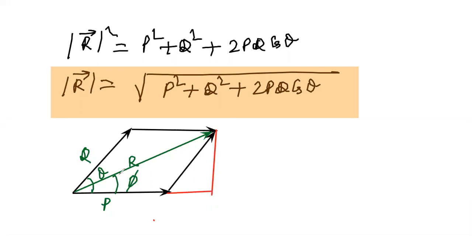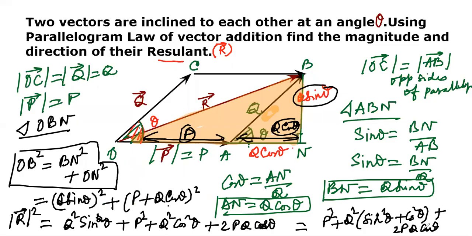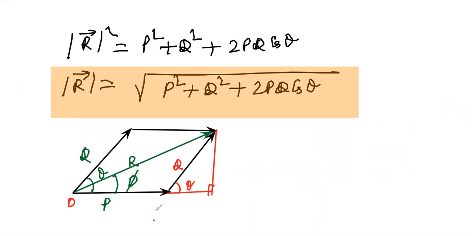So this is equal to theta. So this is also theta and this is Q. Over here, this is your 90 degree, which I have already drawn. So this was my OABC. This was O, this was A, this was B, this was C, and this was N. It's the same diagram I have drawn before.